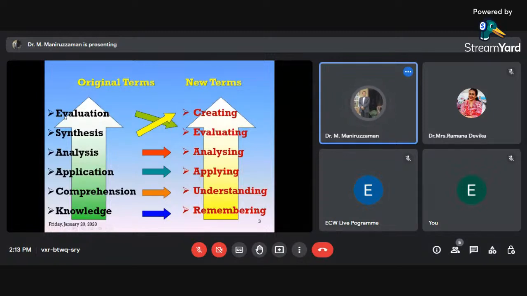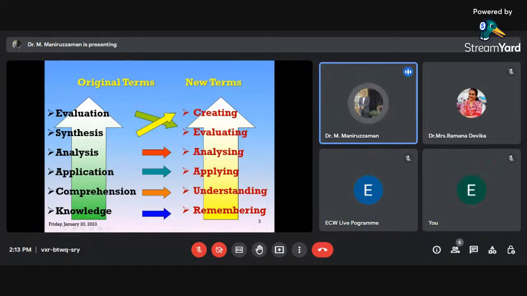We are now concentrating on the revised one, which is in use. Creating is the highest level, then evaluating, analyzing, applying, understanding, and remembering is the lowest level of learning.